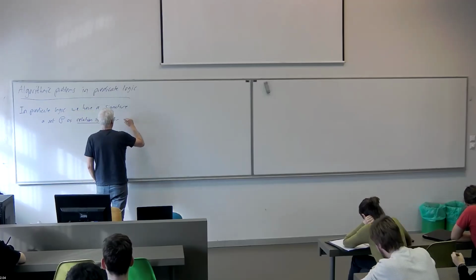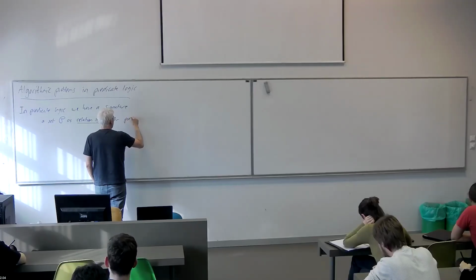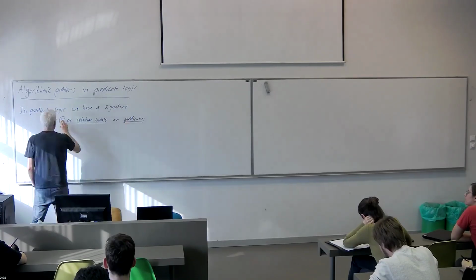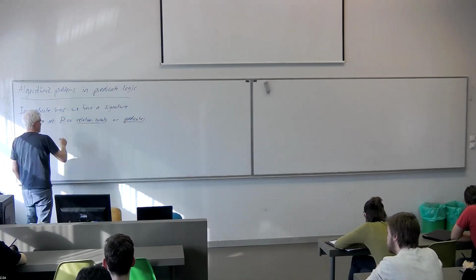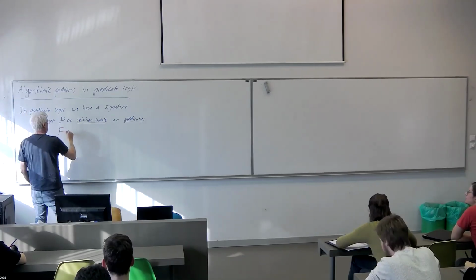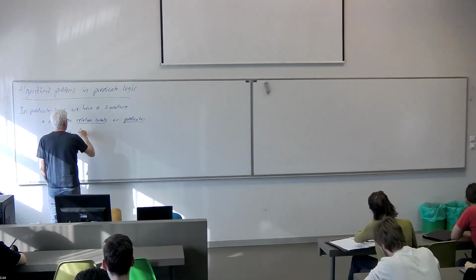We sometimes call them relation symbols or just relations, or we sometimes call them predicates. They mean the same thing. And a set F of function symbols.